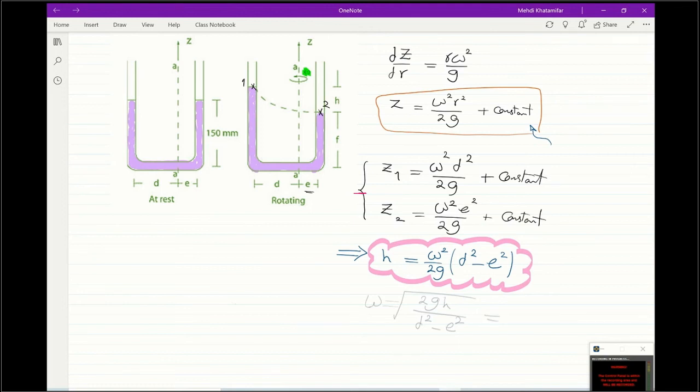So I have all those values. 2 times 9.81 times h, which is given as 75 millimeters, so 0.075, divided by 0.22 squared minus 90 millimeters.